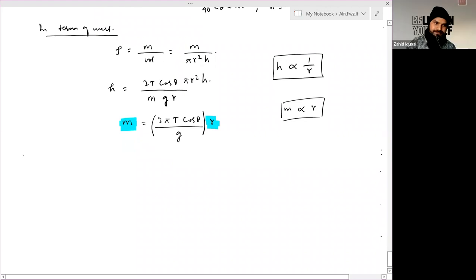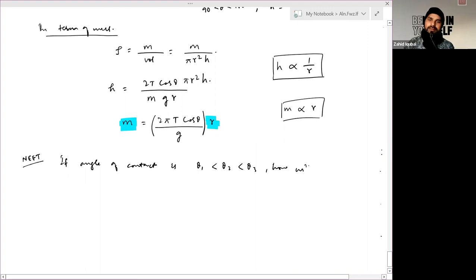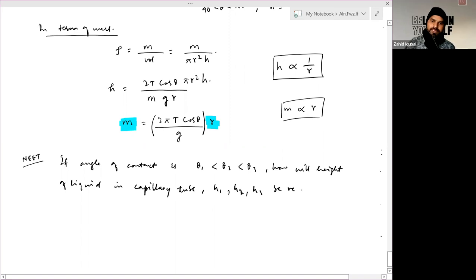There was another question in NEET. If angle of contact is theta 1, theta 2, theta 3, how will height of liquid in capillary tube, H1, H2, H3, be related?